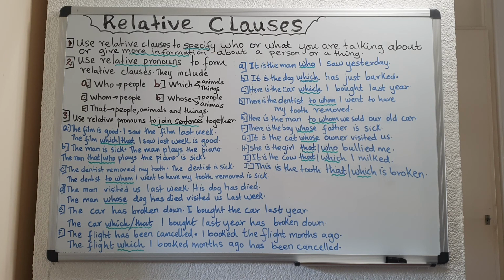The first example, 3a, tells us more about the film. The second example tells us more about the man. The next one tells us more about the dentist. The next one tells us more about the man. And the next one tells us more about the car. And the last one tells us more about the flight. Which flight? The flight which I booked months ago.